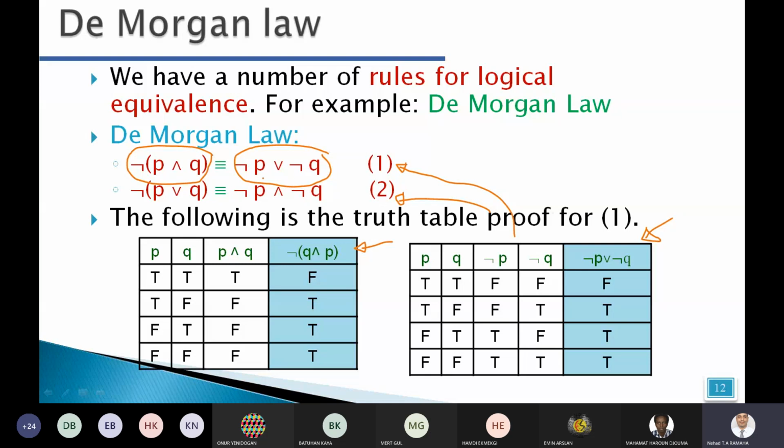Okay, then this De Morgan's law, if NOT is to be distributed over AND, you can distribute it, but AND becomes OR. If NOT will be distributed over two propositions with OR, then you can distribute it like this, but the OR becomes AND. Very simple and direct law.